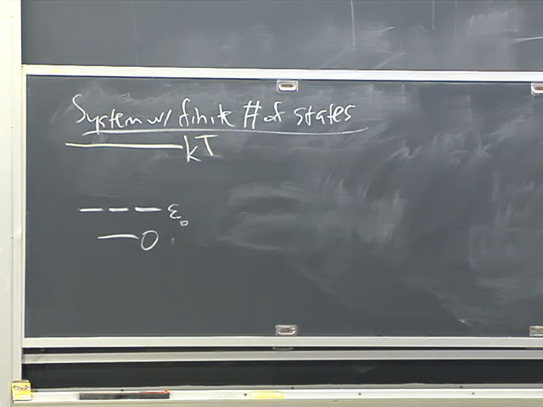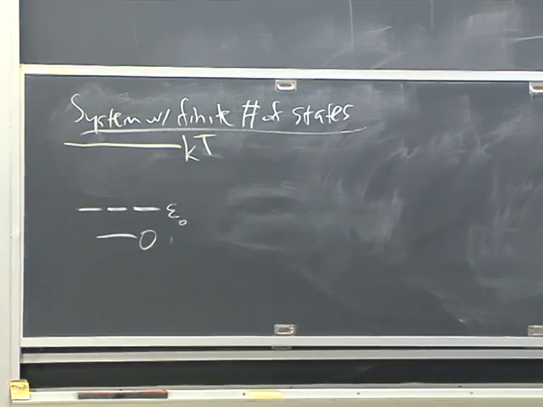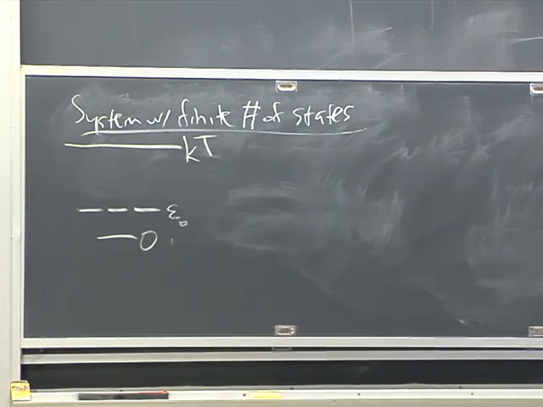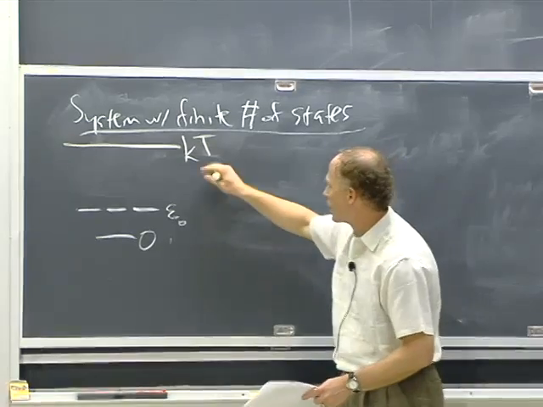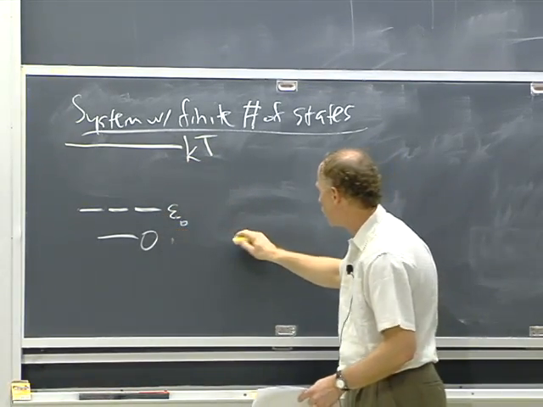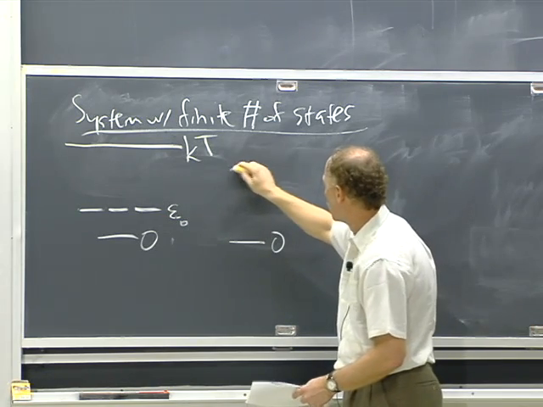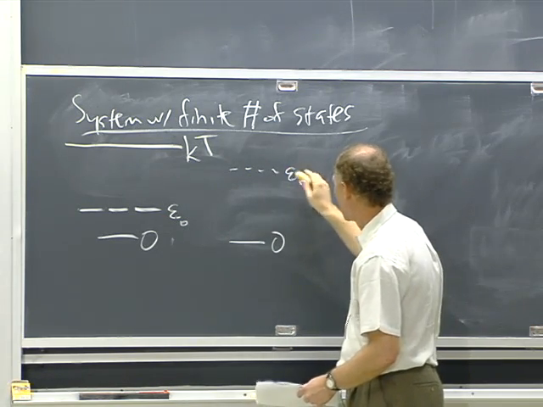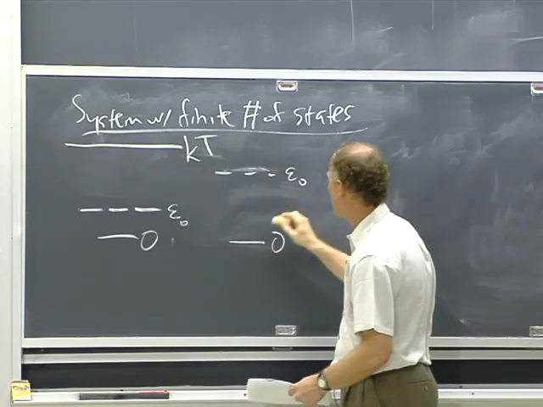And in the other case, in the low temperature limit, now let's say kT is really low. It's much less than epsilon 0. So now we'll redraw this as 0 and put the epsilon 0 states up here.